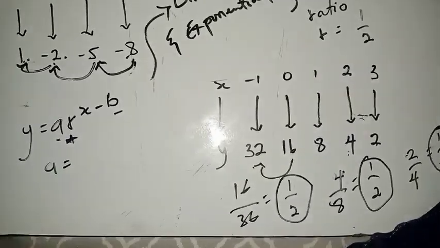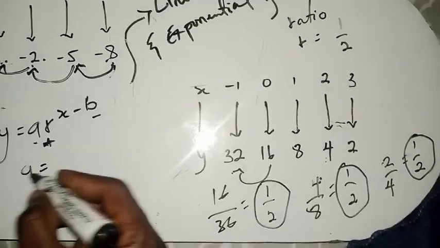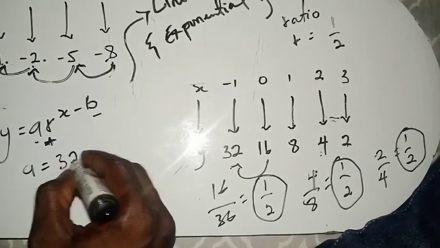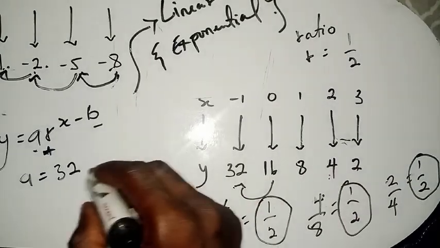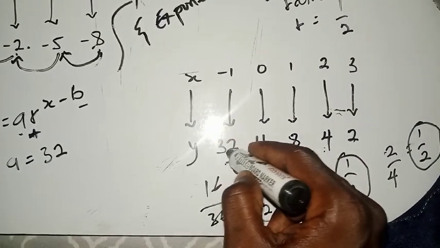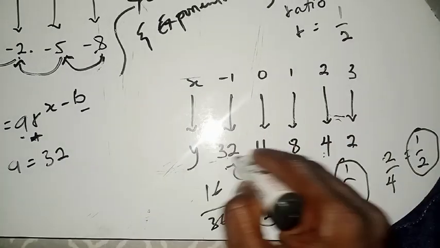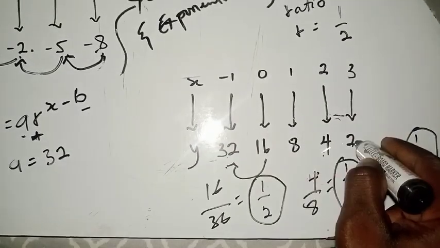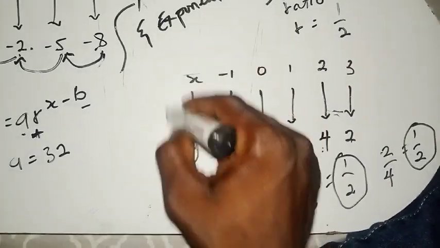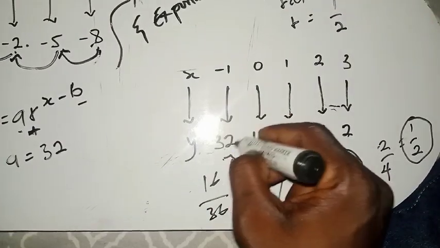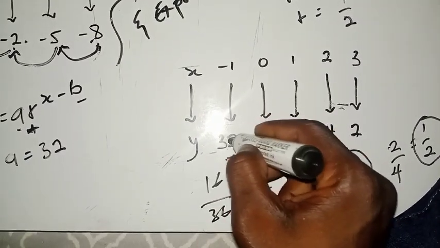You are going to choose the A from this mapping to be 32. You don't just choose like that. A is always the first person at the down here, just after the letter. If you don't have this letter X and Y here, A is always the first number.